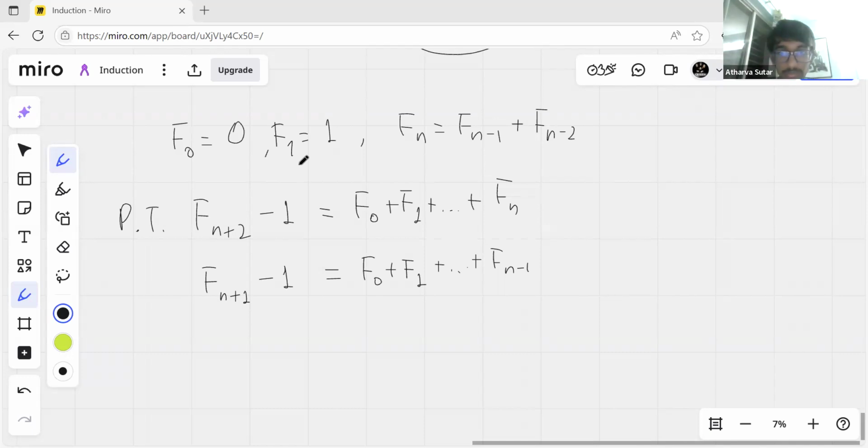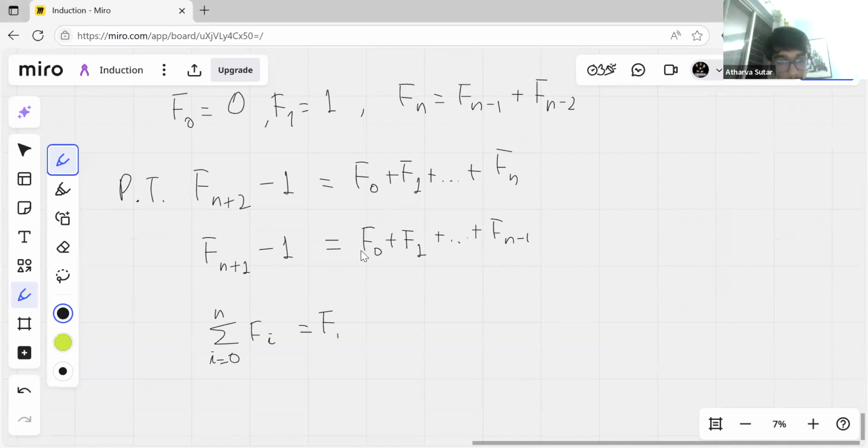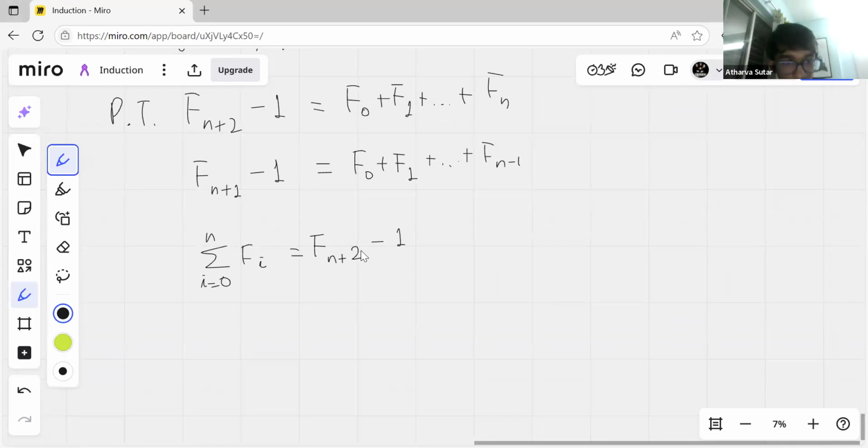Are you asking for the motivation behind this step? Okay, so basically the motivation is you want to induct, right? So you're assuming that it is true till n. You're assuming this is true, and you want to prove the next case.